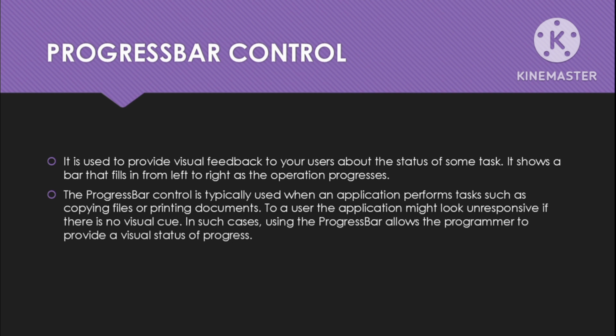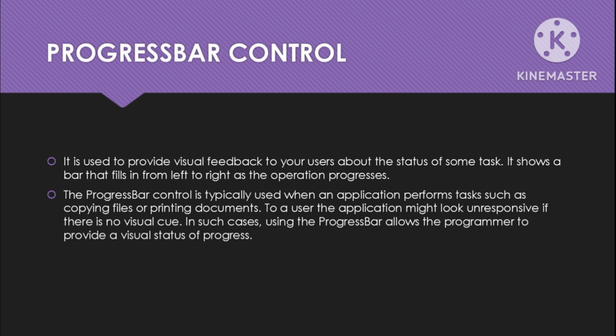It is typically used when an application performs tasks such as copying files or printing documents. You can see that when copying and pasting, the progress starts and it is shown in green till the end. If the entire progress is done, the progress bar will be completely filled.